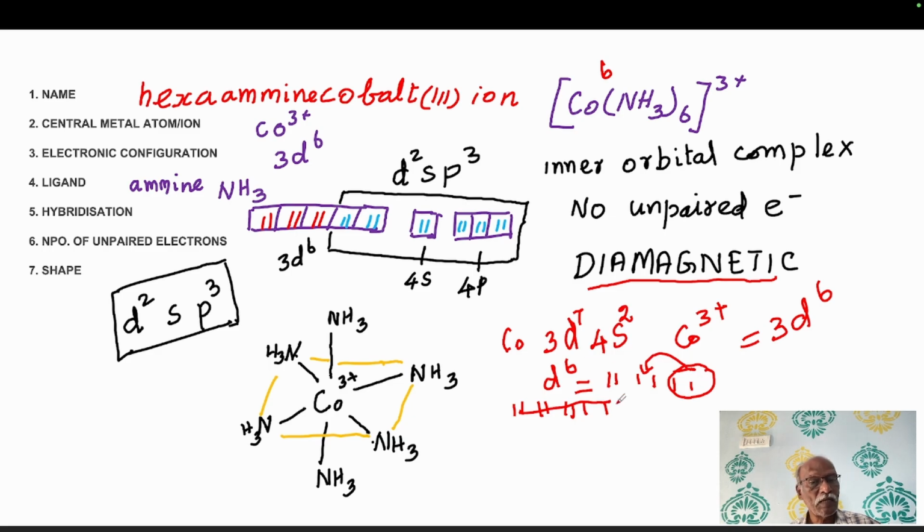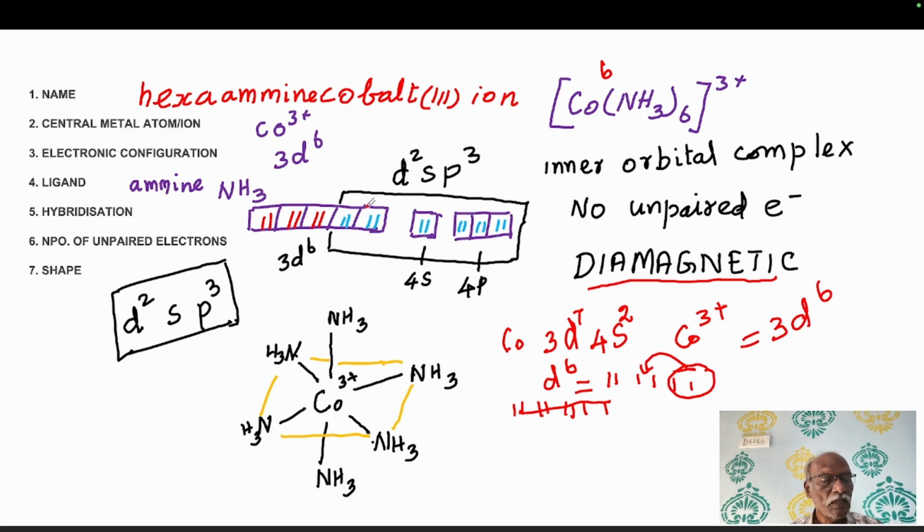This is the electronic configuration of the d orbitals in the free state. By the presence of 6 ammonia ligands, which is a strong field ligand, which pushes up the odd electrons and thereby makes them paired up, leaving two vacant orbitals in the 3d shell.